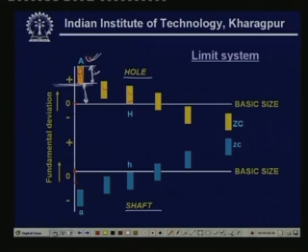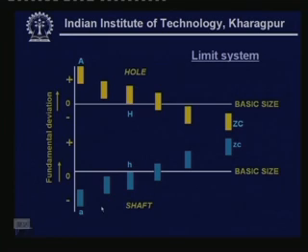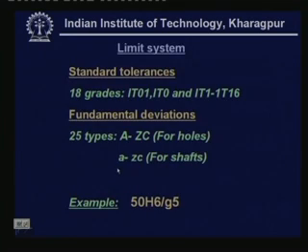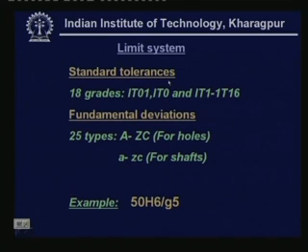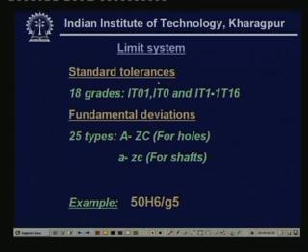Just before considering this, let us have a look at what the limit system refers to. The standard tolerances are about 18 grades, which are referred to as IT01, IT0 and IT1 to IT16.